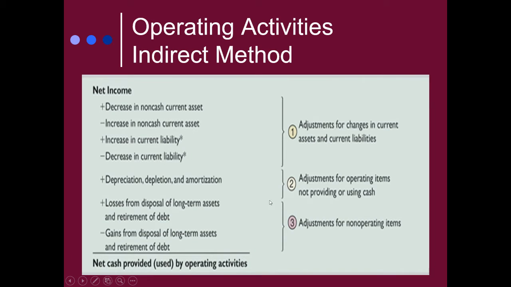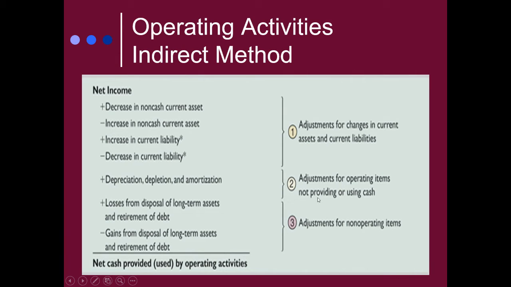This is the same thing, but it actually categorizes the deduction or the addition by categories. So for the adjustment for changes in current assets and current liabilities, whichever category you start with is not wrong.